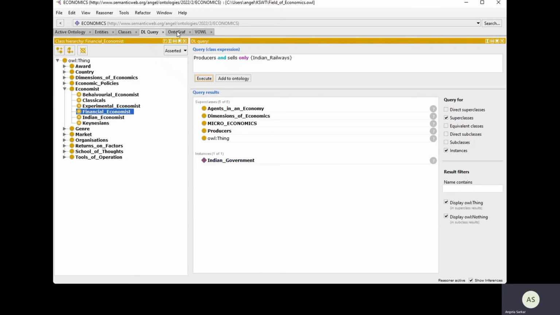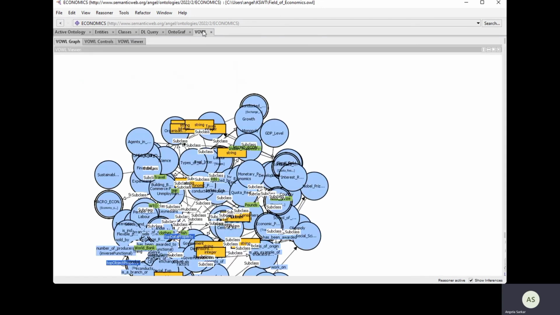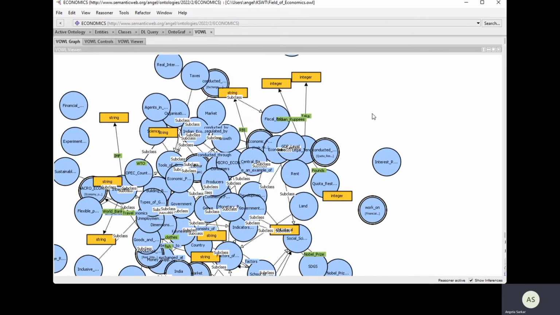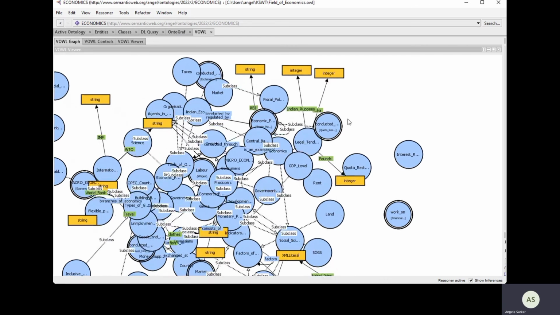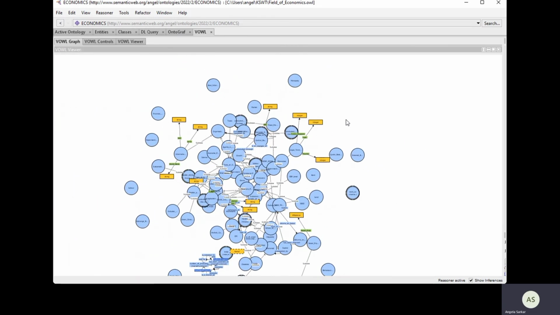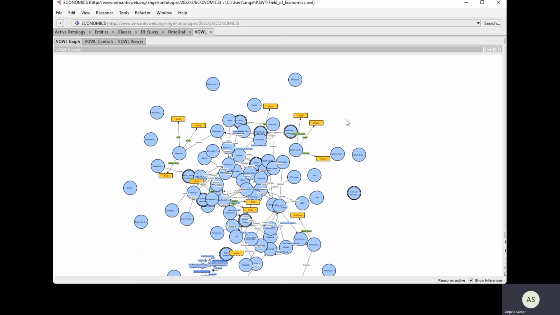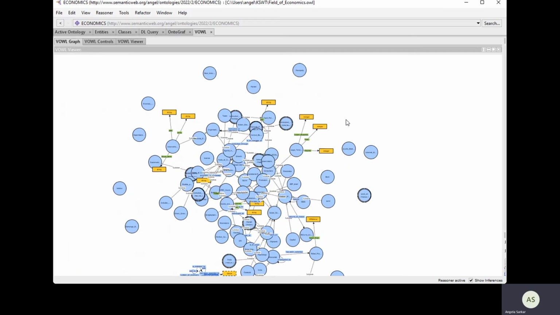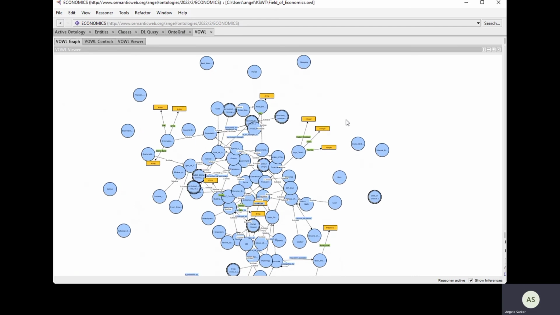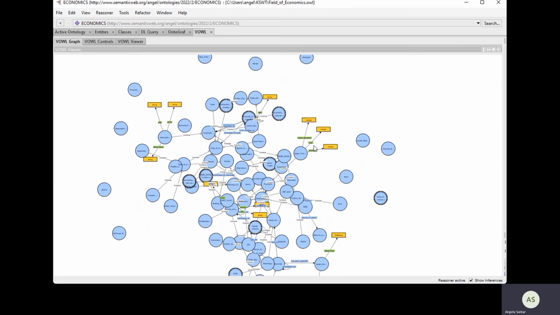So finally, let's have a look at the entire ontology. It's very interesting. This is VOWL, which is a dynamic representation of your entire ontology. It gives you an entire representation of the ontology with strings, literals, and it's dynamic in nature.